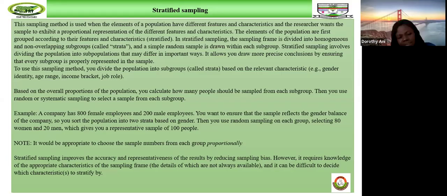We normally apply a percentage. Maybe it's 10% or 5%, in some cases it may be 1%. That percent, you apply it to their population. It will give you their proportionate sample, the sample that will be proportionate to their population.